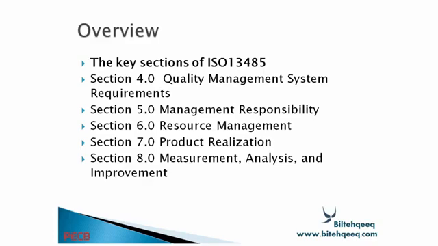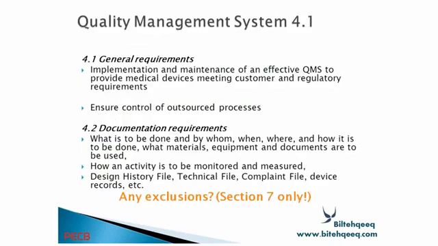Overview, the key section of ISO 13485, Section 4, quality management system requirements. Section 5 covers the management responsibility. Section 6 talks about resource management. Section 7 describes product realization. Section 8, measurement, analysis and improvement. Now we will review these sections in detail.